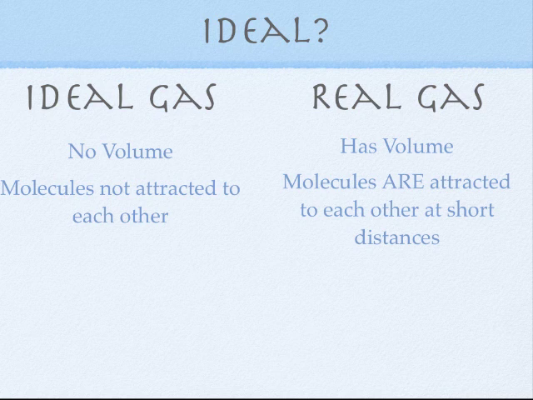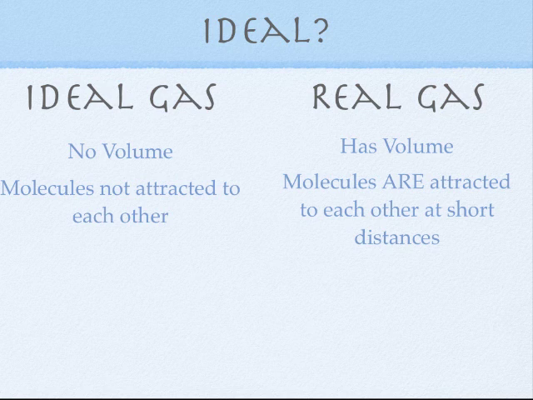And we assume that they are completely not attracted to each other at all. But with a real gas, the molecules actually are attracted to each other. But in a gas, the molecules generally are pretty far apart, so the interactions are so slight that we just assume they don't have any of those attractions. It works out well if you assume those two things, because the math is easier.